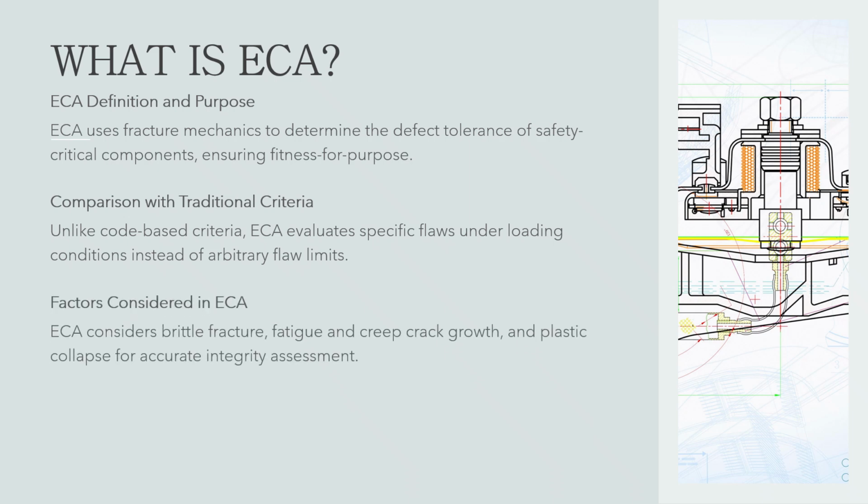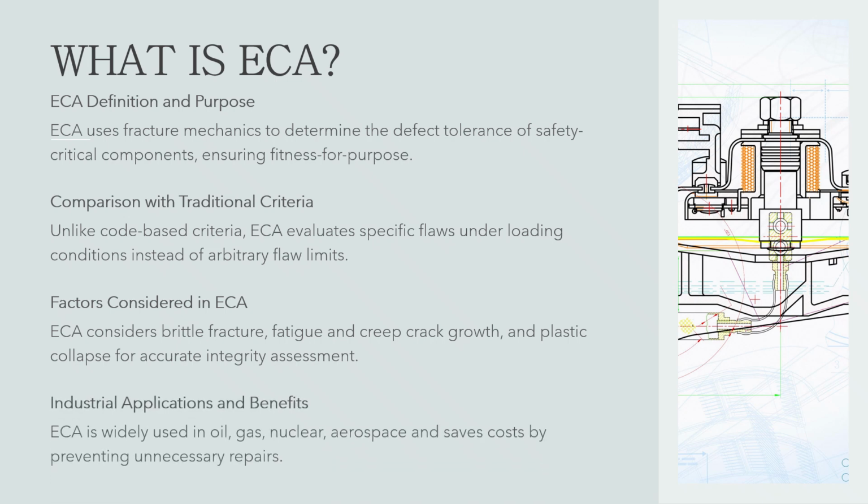It considers factors such as brittle fracture, fatigue, crack growth, and plastic collapse. By doing so, ECA helps engineers make informed decisions about structural integrity, repair needs, and inspection interval.